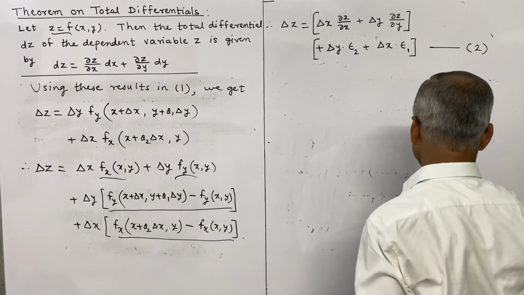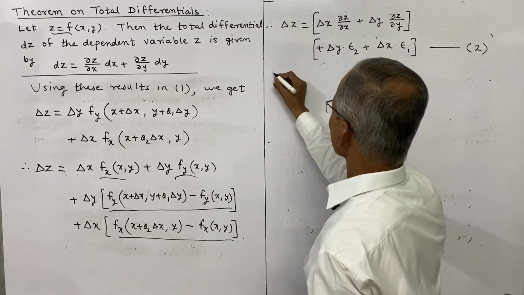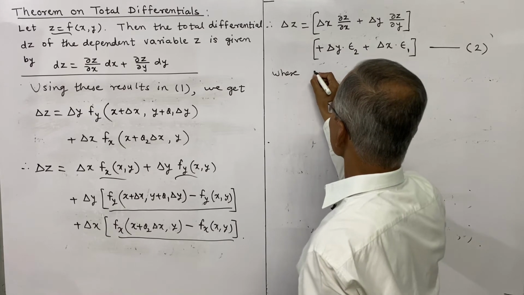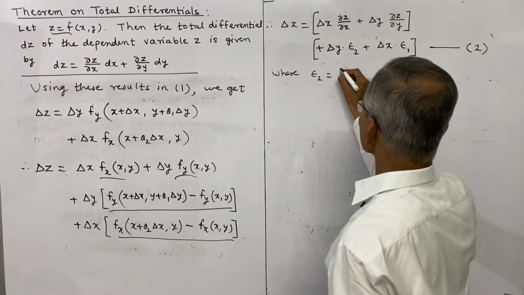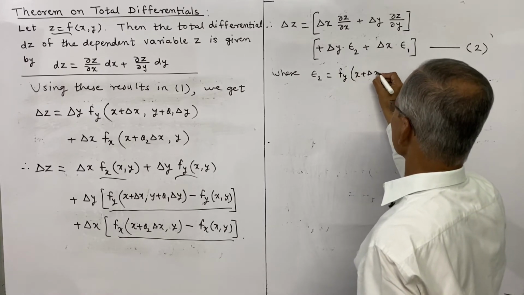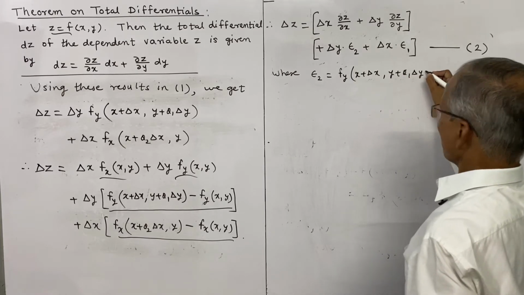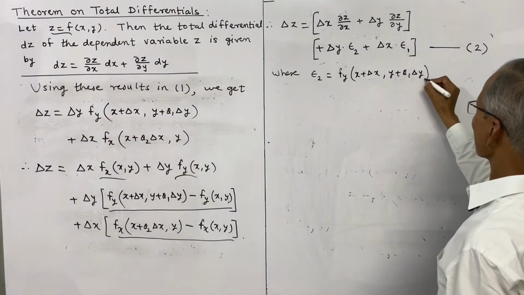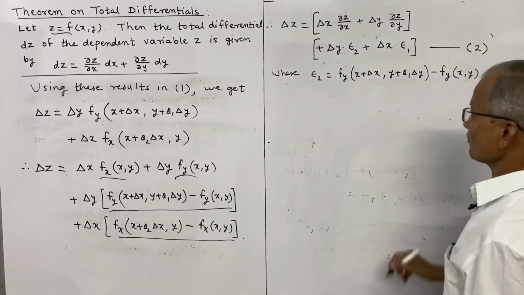So we shall write that first, where epsilon 2 is the partial derivative of f with respect to y at point x plus delta x, y plus theta 1 delta y, minus partial derivative of f with respect to y at point x comma y.